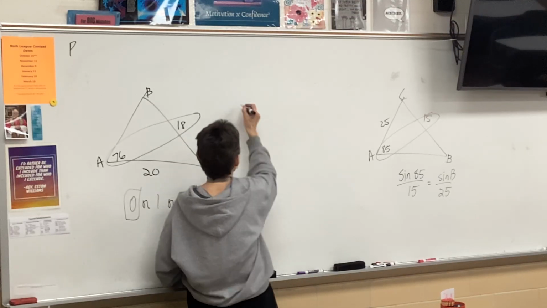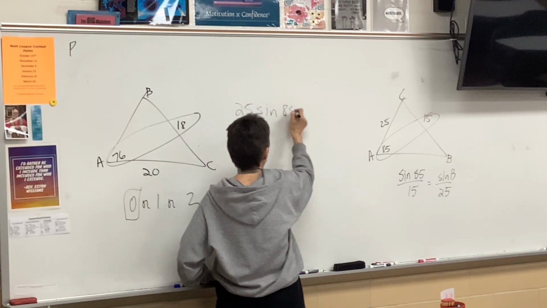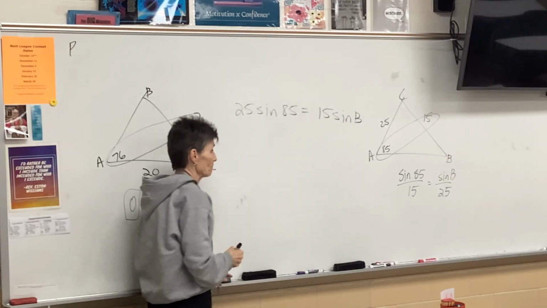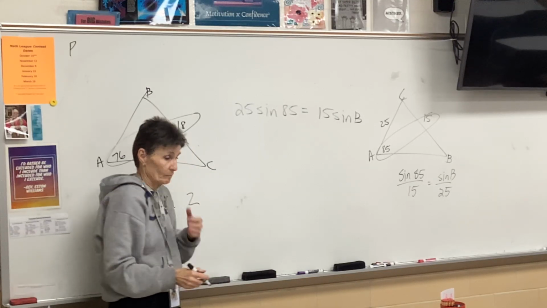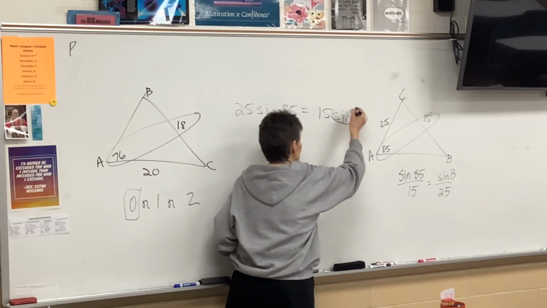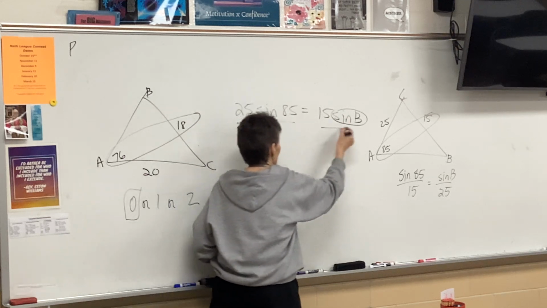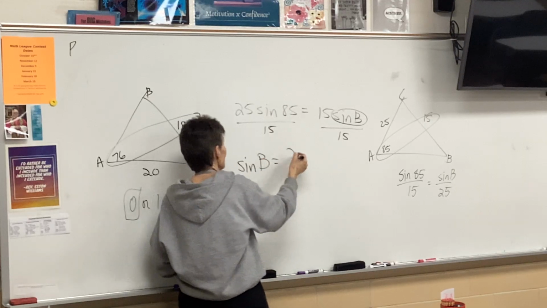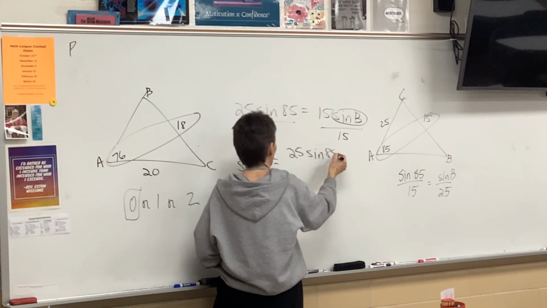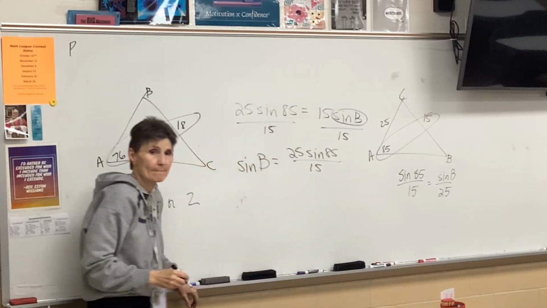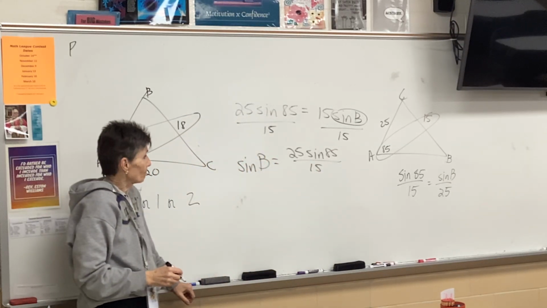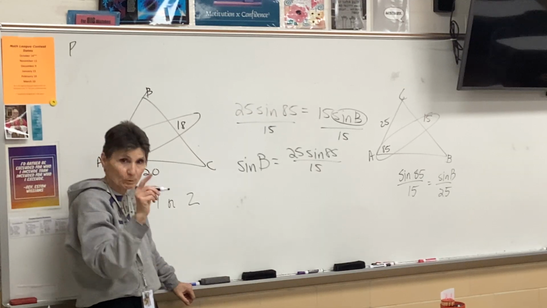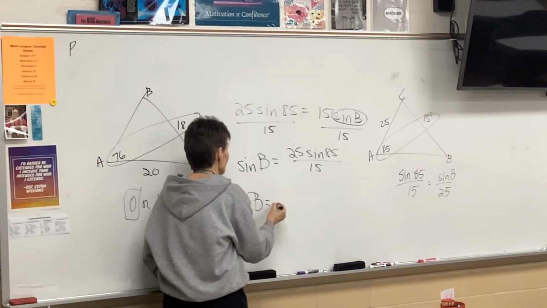We're going to cross multiply. So 25 sine 85 equals 15 sine B. This can't be separated, so about all I can do is divide by 15. So sine B equals 25 sine 85 over 15. Well, what do I do now? I'm looking for an angle. So I'm going to inverse sine.